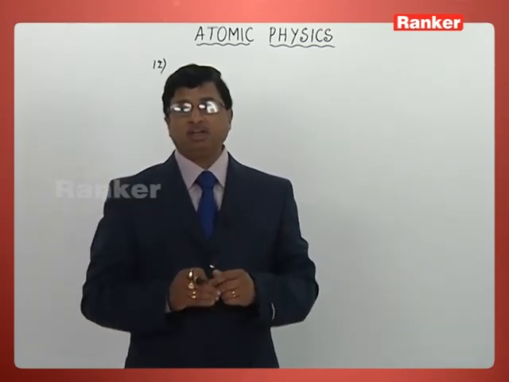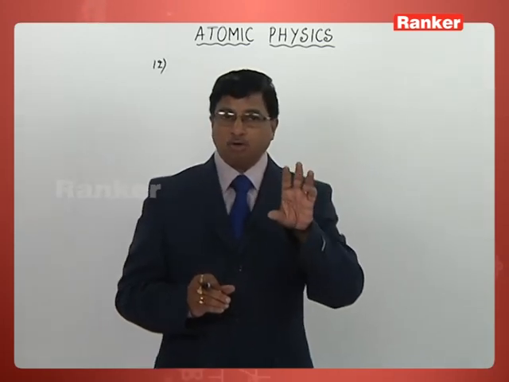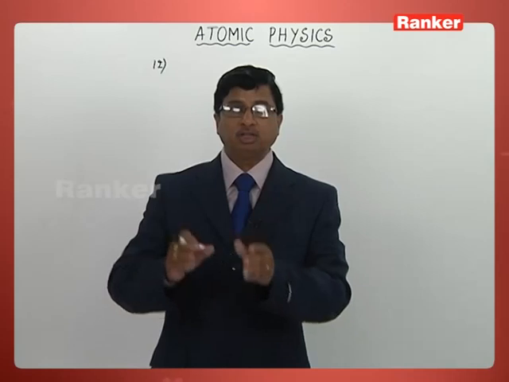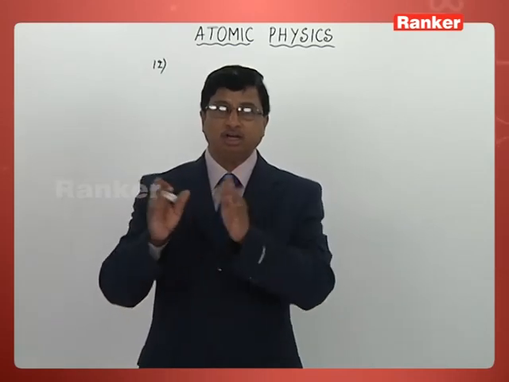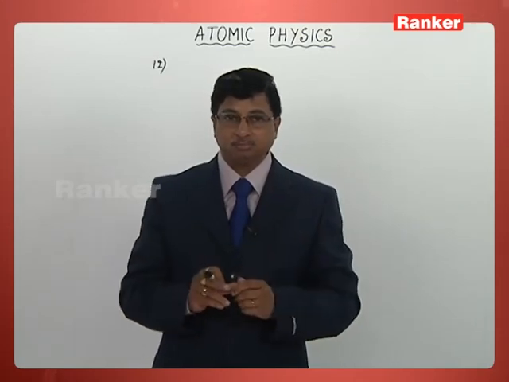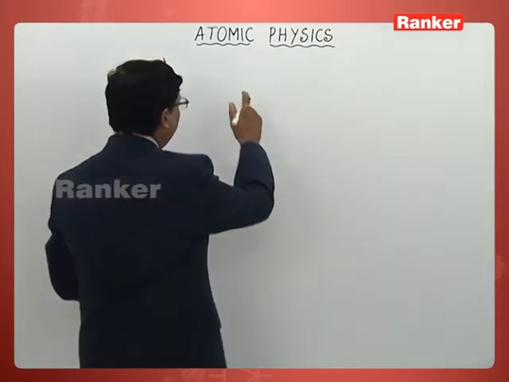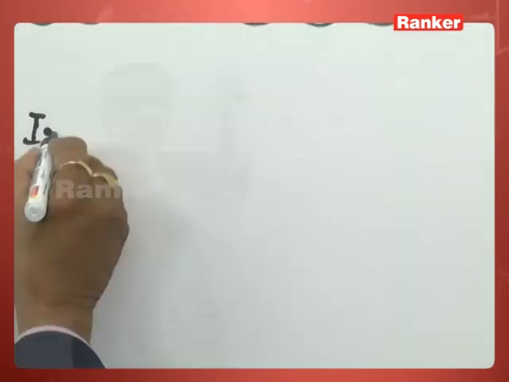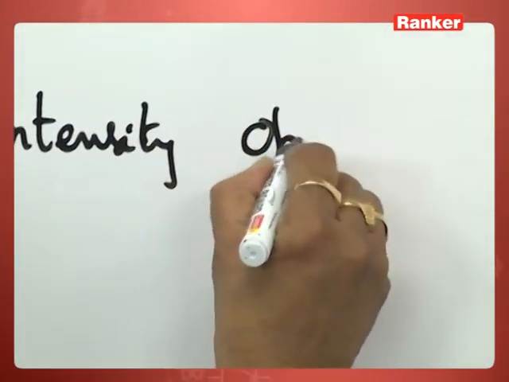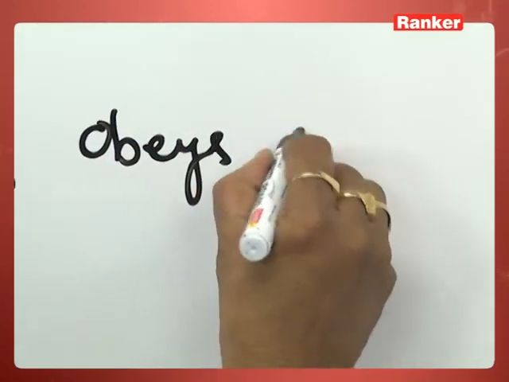And we can certainly understand that the number of photoelectrons emitted is directly proportional to the intensity of incident radiation. So you have to club two things here. What is the very first one? Look at this first: intensity obeys the inverse square law.